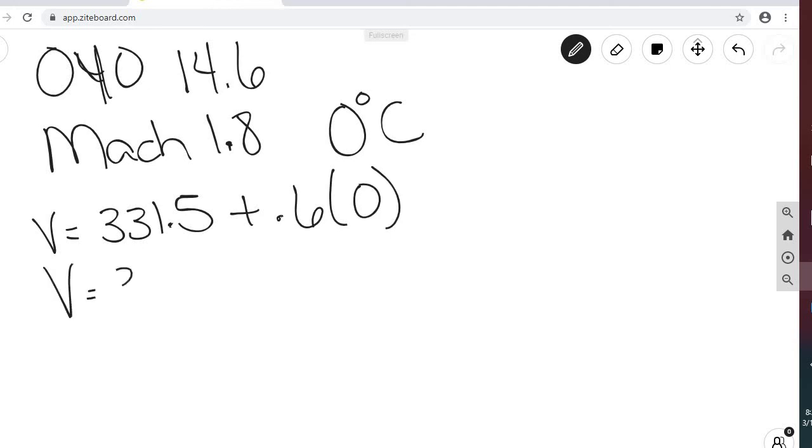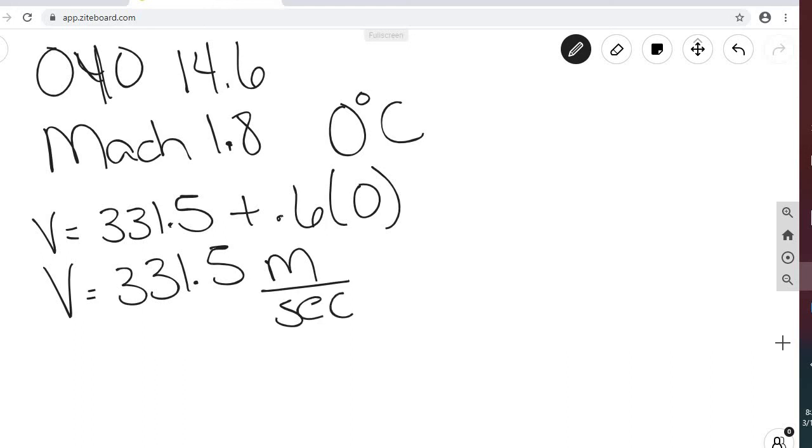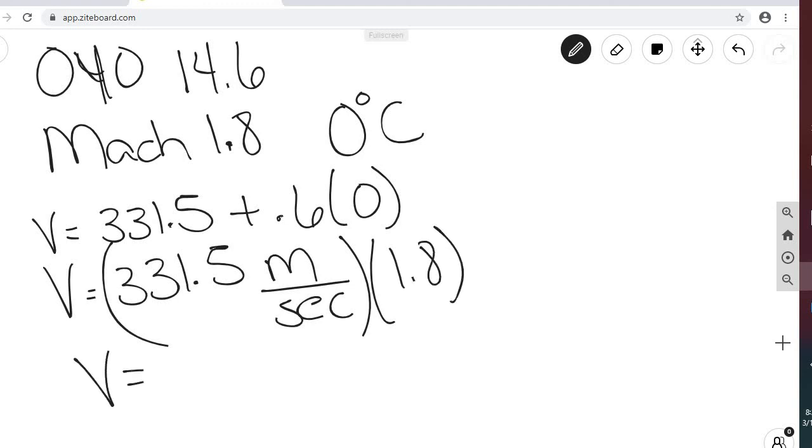So the speed of sound at 0 degrees C is 331.5 meters per second. So then Mach 1.8 would be 1.8 times that amount. So 331.5 times 1.8 is 596.7 meters per second.